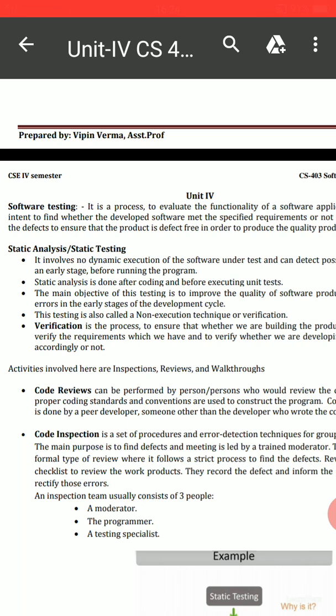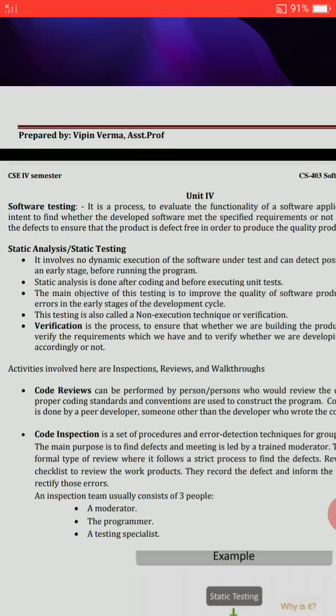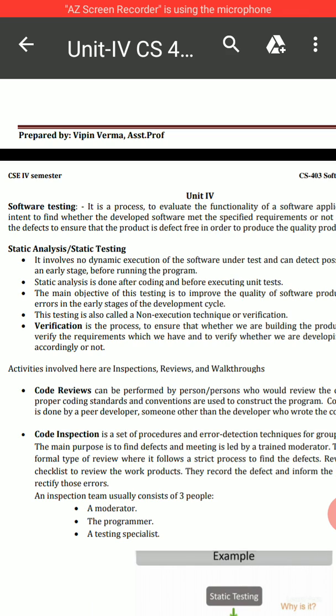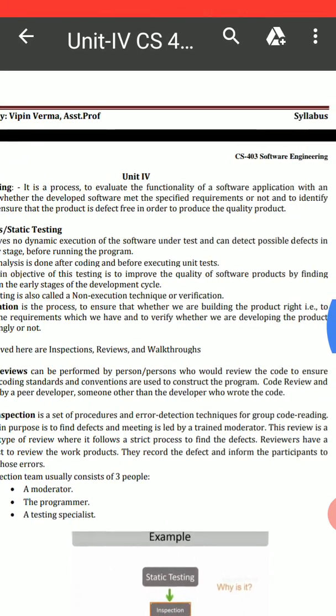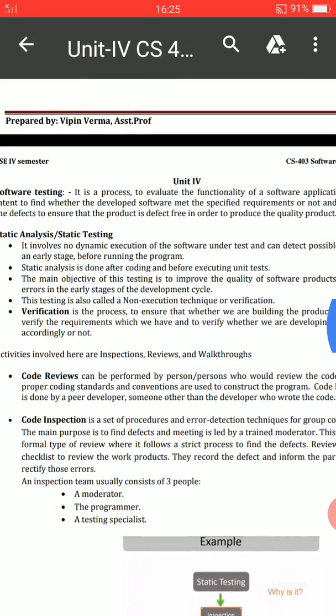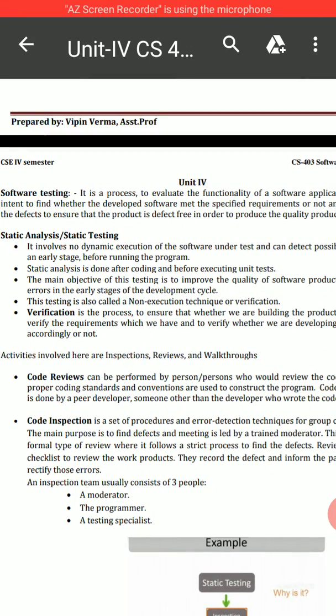Now, what is static analysis? Sometimes it is also known as static testing. Static testing, as its name implies, involves no dynamic execution of the software under test and can detect possible defects at an early stage, before running the program.